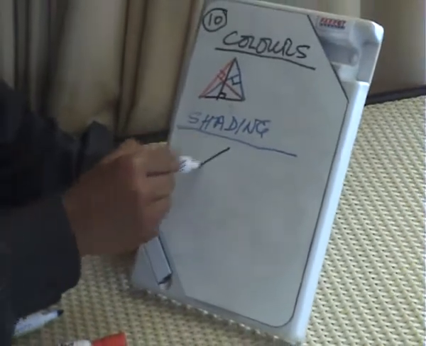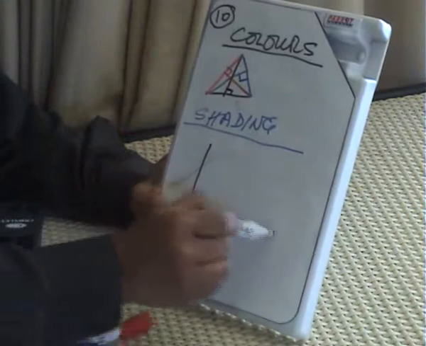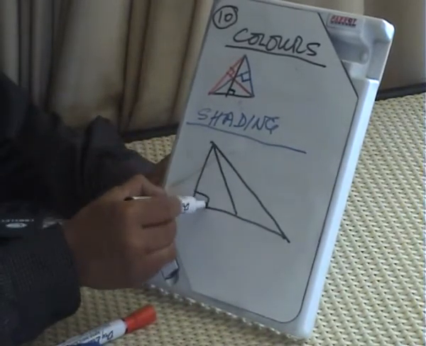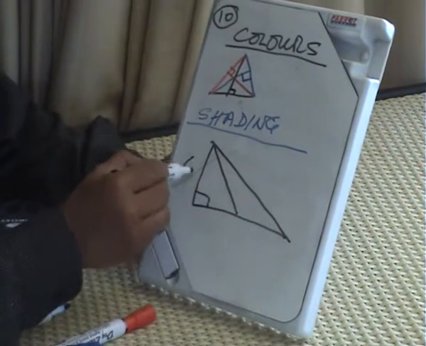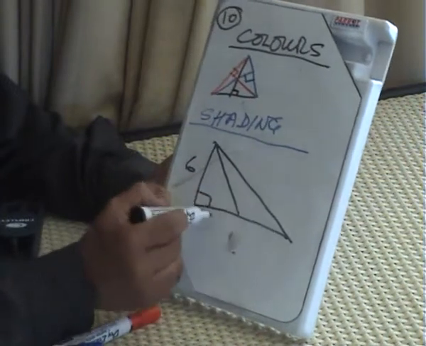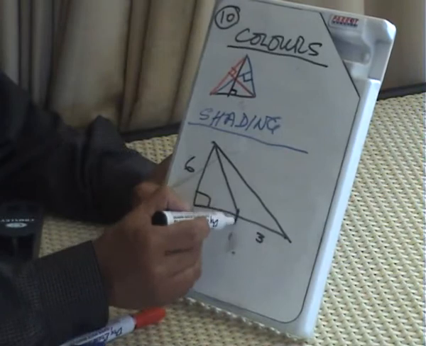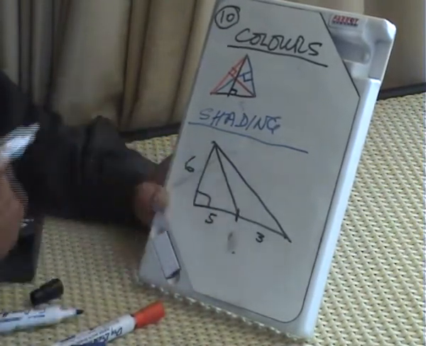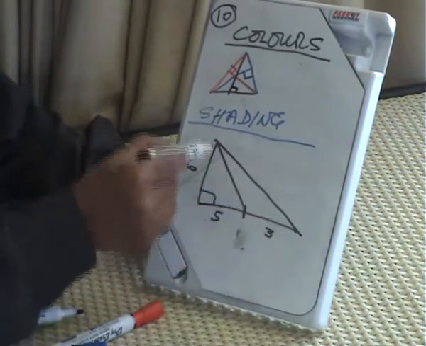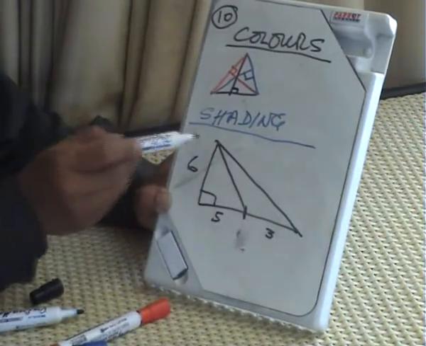For example, if I'm working here, if I have this diagram, then there are two right angle triangles here. One small one and one big one. Watch again.